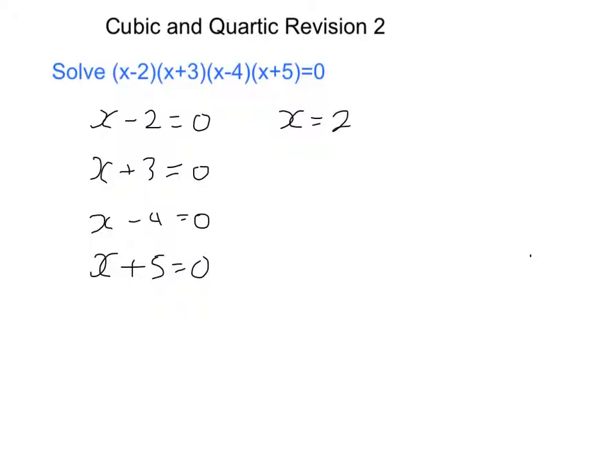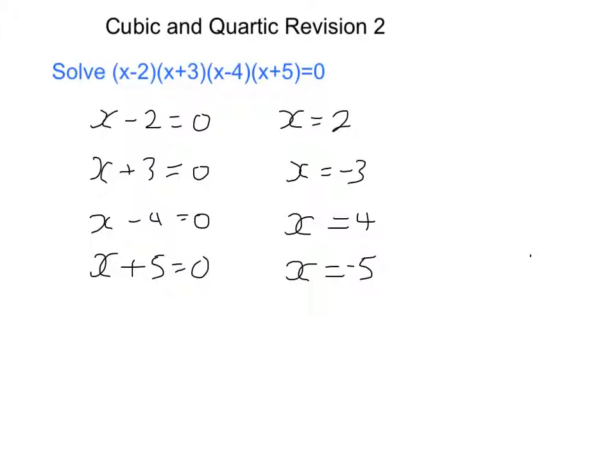For the second one, we have x plus 3 equals 0, so take away 3 from both sides, we have x will equal negative 3. X take 4 equals 0, add 4 to both sides, x will equal positive 4. And x plus 5 equals 0, take 5 from both sides, we'll have x equals negative 5.